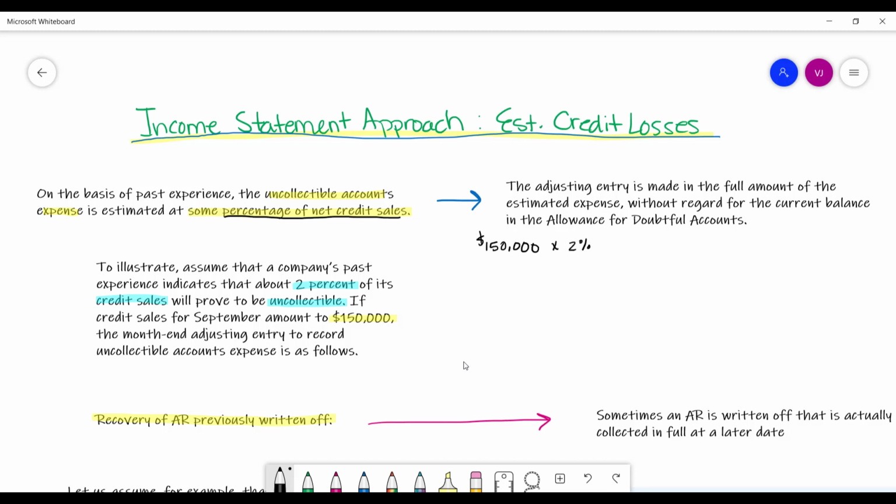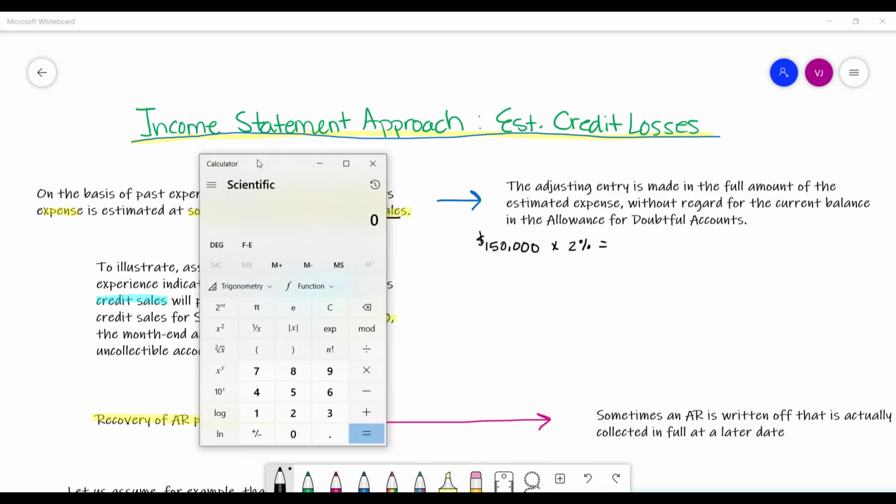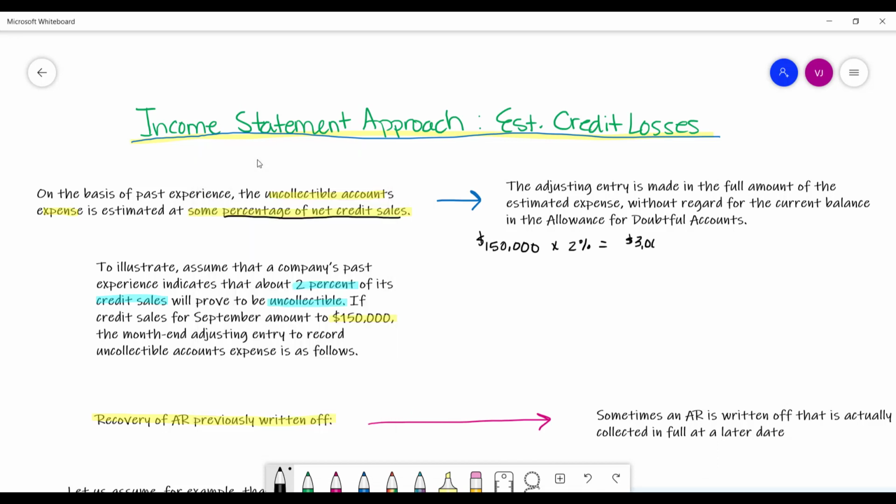So let's find 2% of $150,000. We'll do $150,000 times 0.02. This tells us that about $3,000 of that $150,000 will most likely be uncollectible. We won't ever see $3,000 of that $150,000. So under this method, how would we record that?